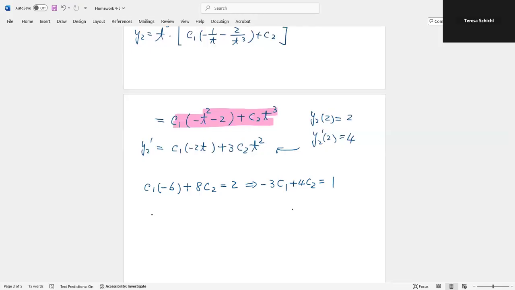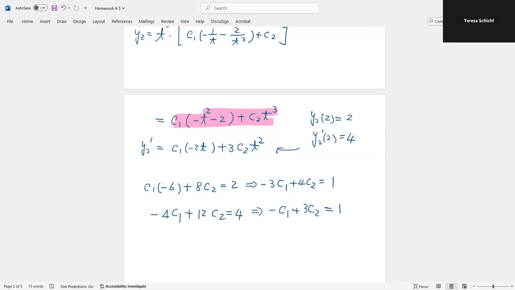So it's negative 4C1, 2 to the square is 4, plus 12C2 equal to 4. Right? Let's simplify this a little bit. It will give me negative C1 plus 3C2 is equal to 1.